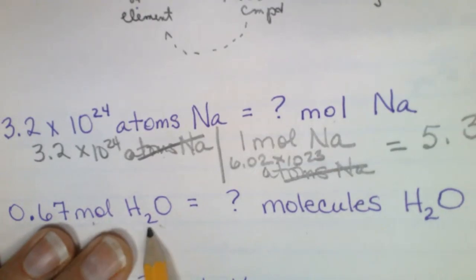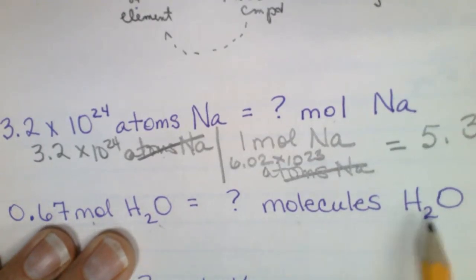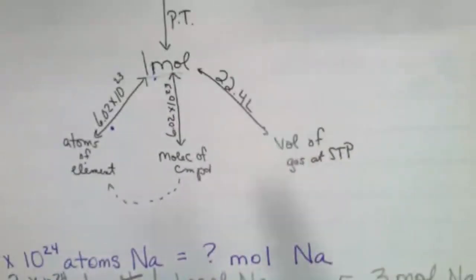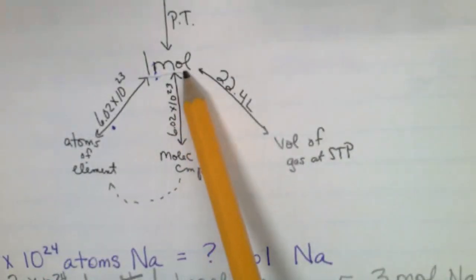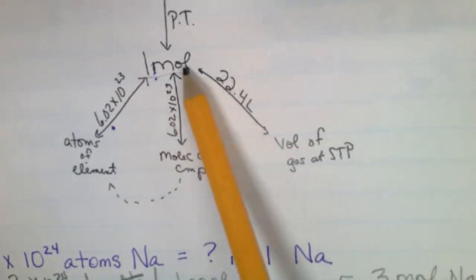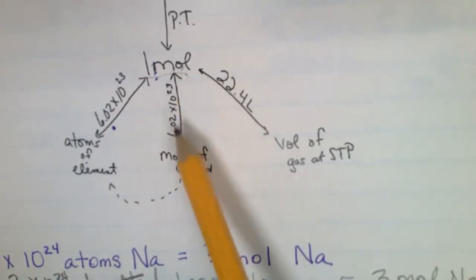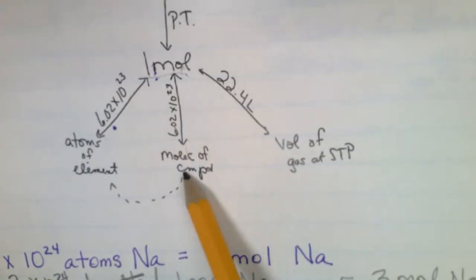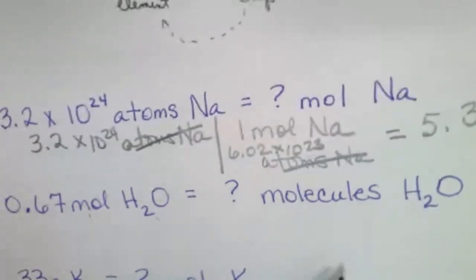Moles of a compound to molecules of a compound. If I look at my flow chart, I'm at moles. I want to go to molecules of a compound. I'm also going to use Avogadro's number to go here. So I'm going to start with what I'm given.